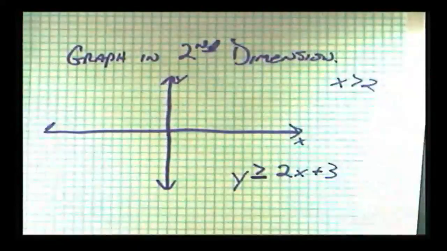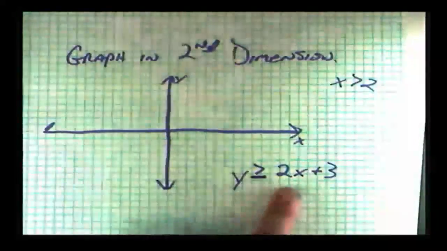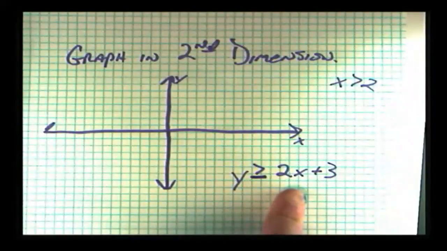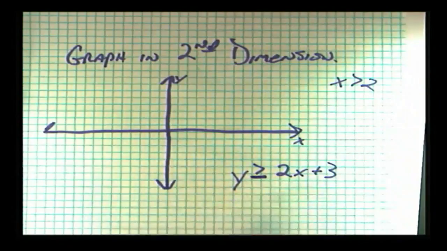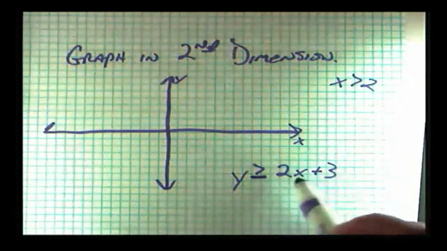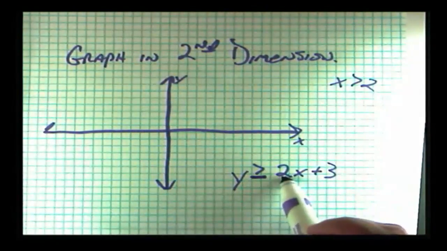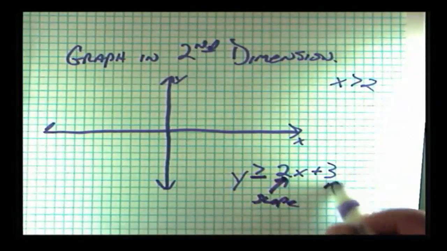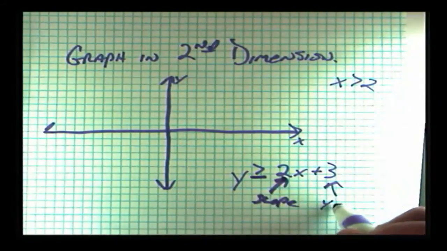Hopefully you guys remember y equals mx plus b, and we're going to talk about that soon in our next section. If I consider it y equals 2x plus 3, this is my m, so this is my slope right here. And we'll talk about this in more detail, but this is my y-intercept.